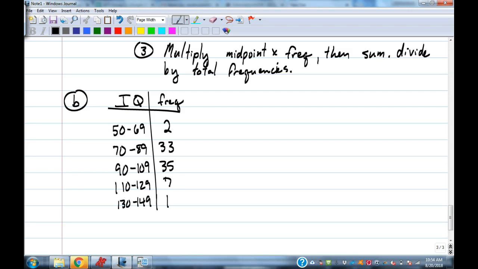Here are our classes. Class width is how much? 20. The same table that we dealt with last chapter, that they just kept using in an example over and over. It's the IQ stuff. So they give us this frequency distribution for the IQ scores for this sample of 78 people that they sampled here.